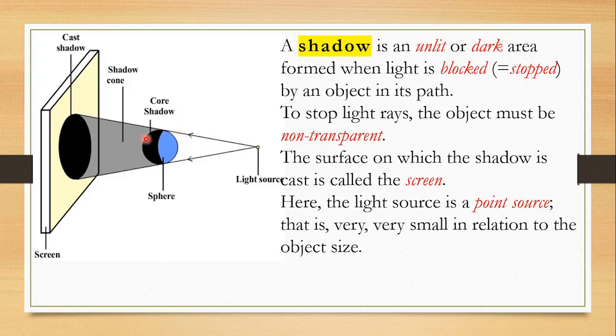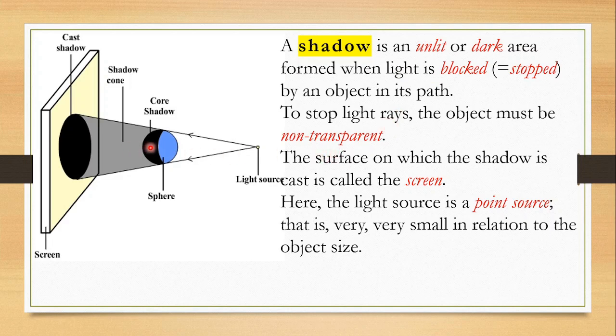The light cannot come here because this object is opaque. So when this object stops the light from coming here, we see an unlit dark area, that is a shadow.